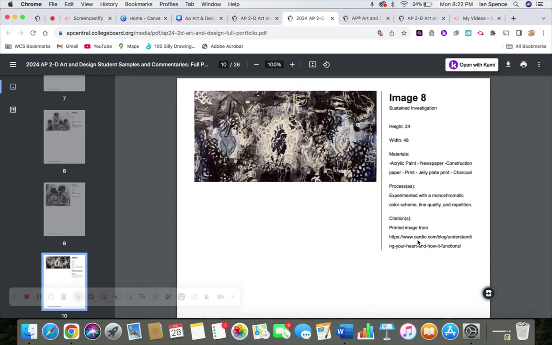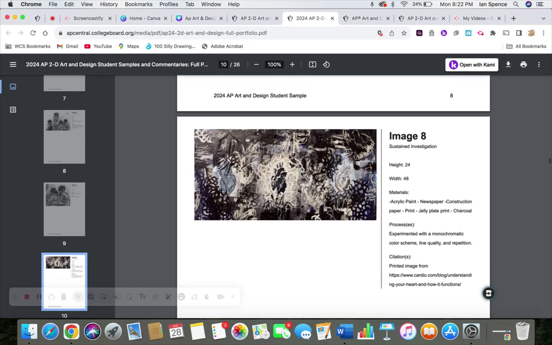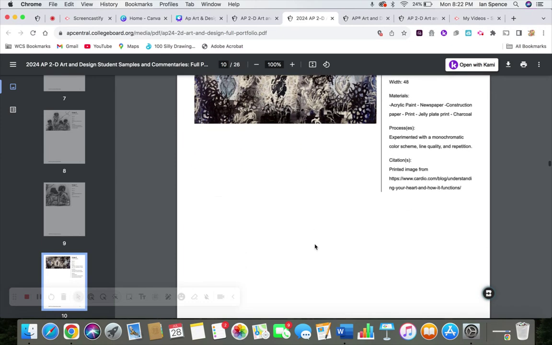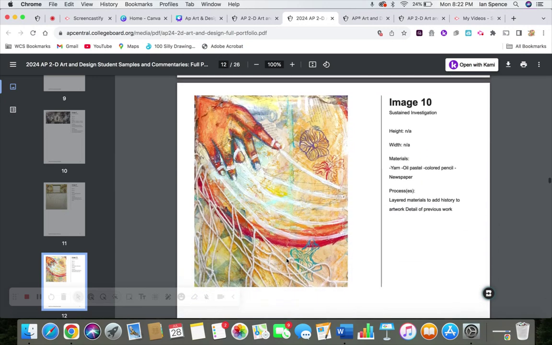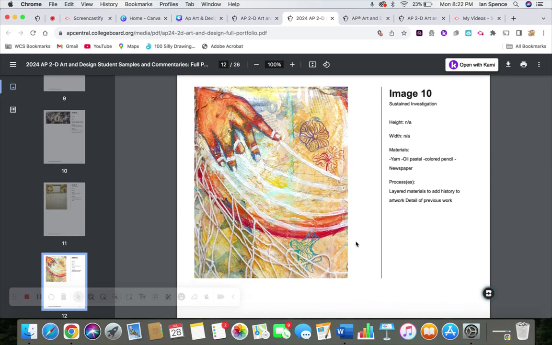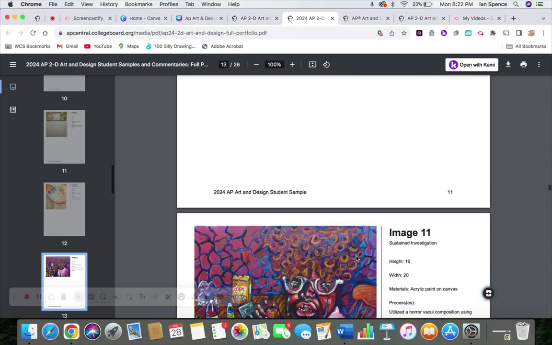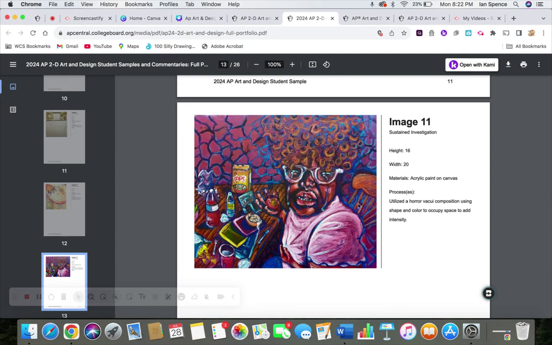And you can see where they cited that heart. I love the use of yarn here. And this one has a close-up image. And just the use of mixed media here is beautiful.